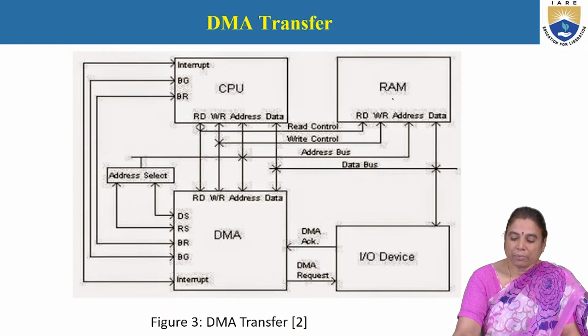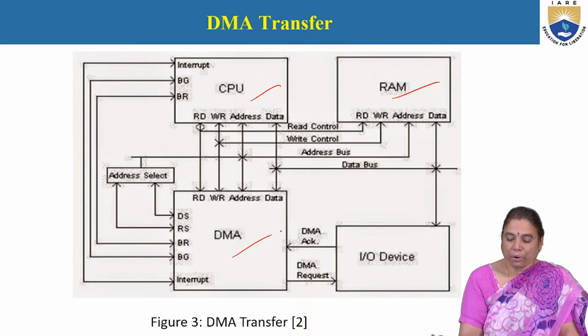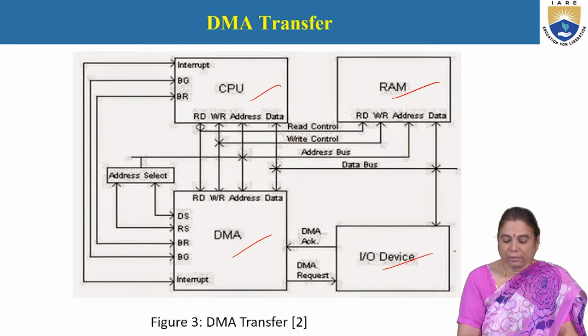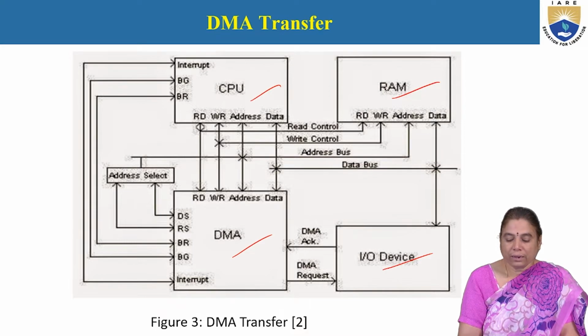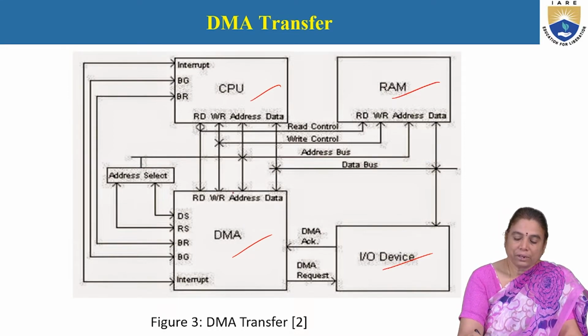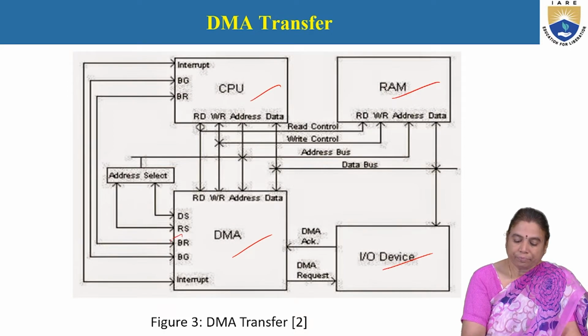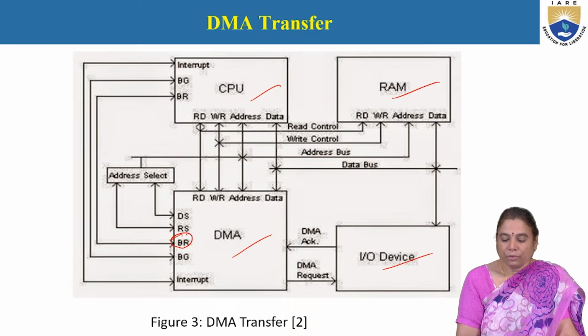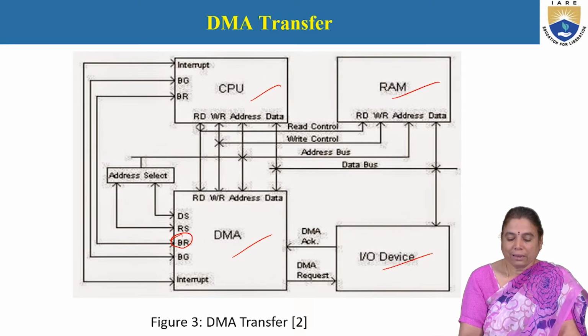So here this is the memory and CPU, and this is the DMA controller, and these are the IO devices. Whenever IO devices require the service of the DMA, they have to use the DMA controller and grab the attention of the CPU by raising the bus request signal, so that the input device can actively be involved in the data transfer.